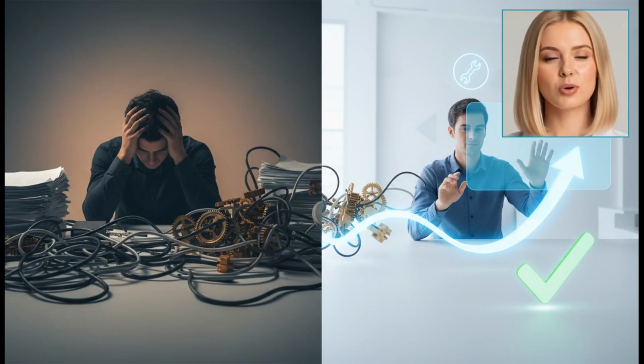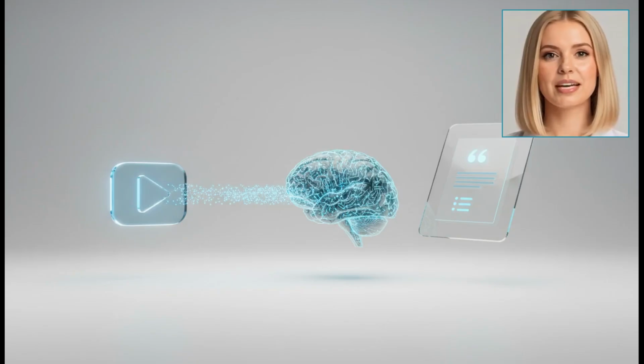Now, I know this whole system might sound like it could become another full-time job, but that's exactly what we want to avoid. The key is to lean on a few smart tools to make it almost effortless. For example, if my pillar content is a video, the first thing I do is run it through an AI transcription service like Descript.